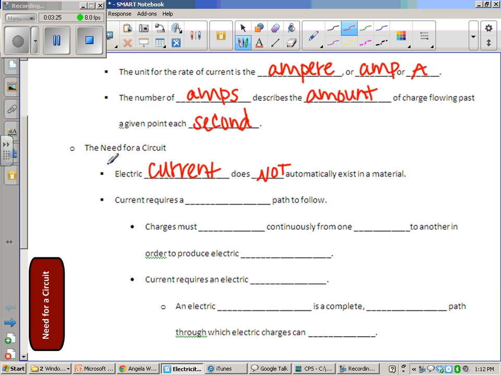And with static electricity, you don't have that current. So needless to say, electric current does not automatically exist in that material. Current requires a specific path to follow. And the charges must flow continuously from one place to another in order to produce your electric current.